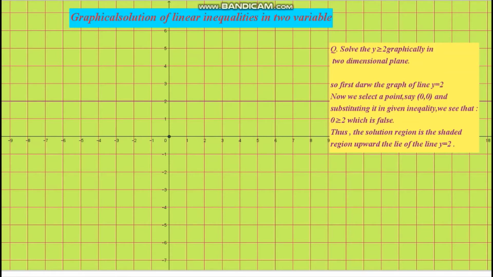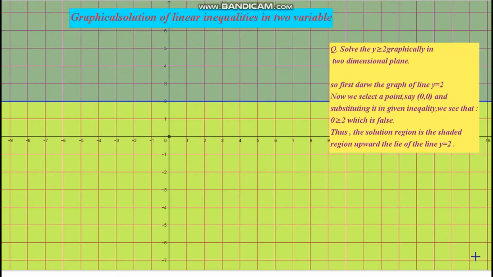Hence our solution region is like that. It is in the upward direction of the line y is equal to 2.